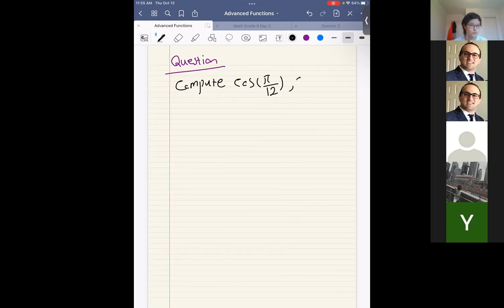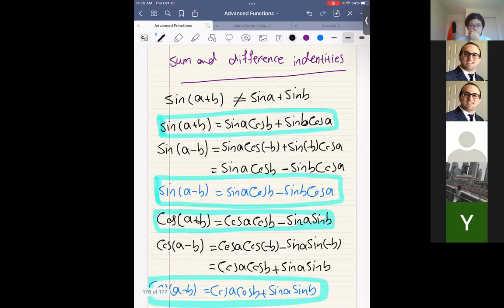And sine of pi over 12. So that's the question. Please try to answer this question. Compute cosine of pi over 12 and sine of pi over 12 using these identities. You have to use difference.